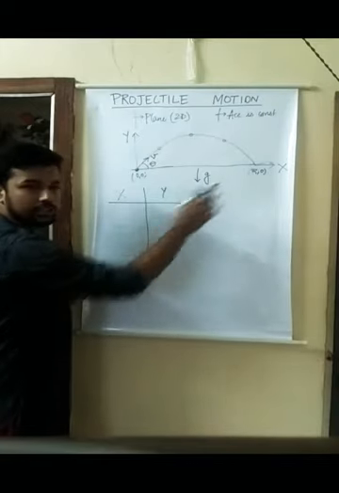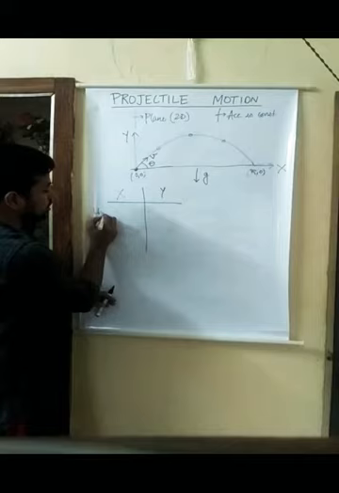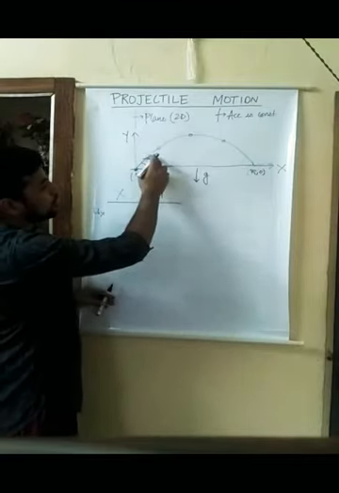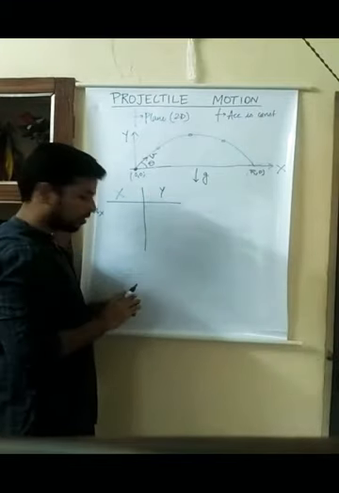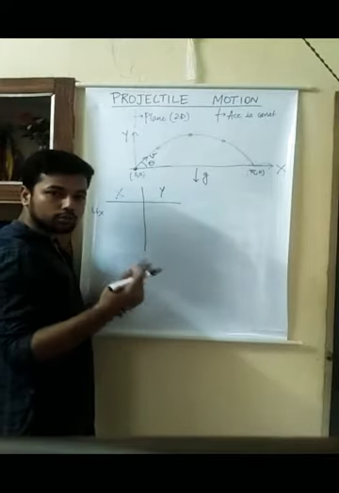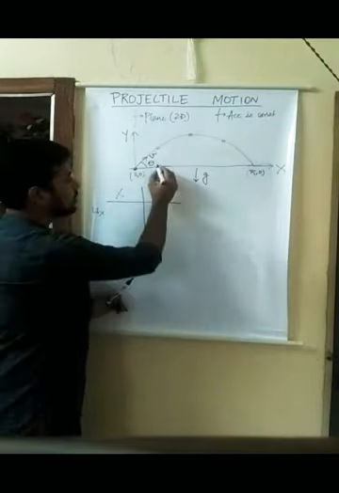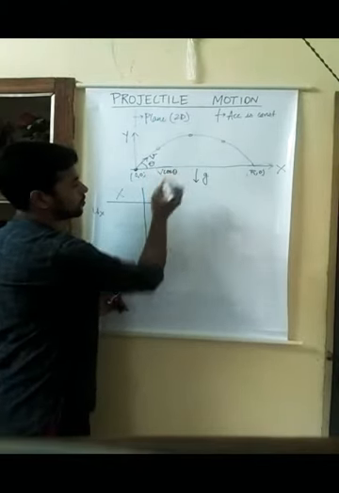So in the x direction, consider the initial velocity. Initially we had this velocity v, which was at an angle theta with the horizontal. When we break it into two components, in the x direction the component is v cos theta.